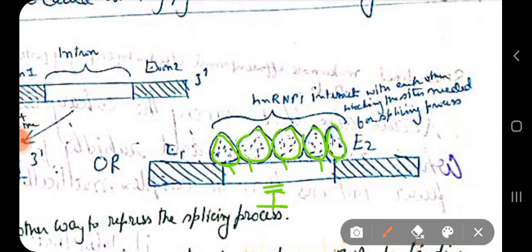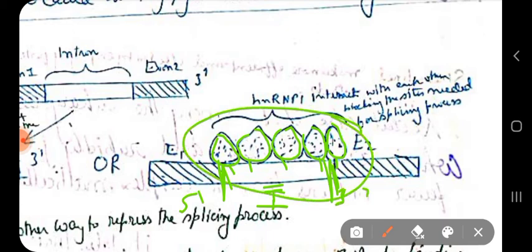When it coats the whole intron, HNRNP1 is interacting with one another, and thereby it is blocking the 5' splice site and the 3' splice site, so the splicing process is also blocked. So the whole intron is retained within the mature mRNA.